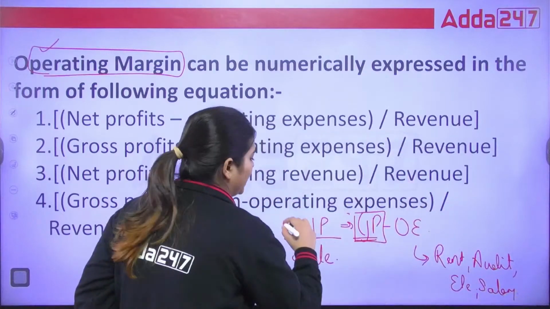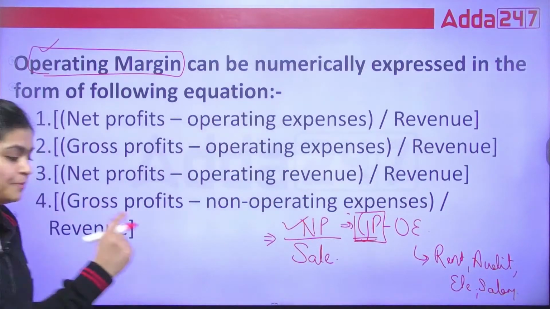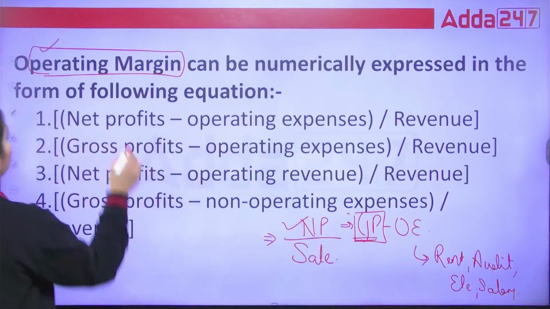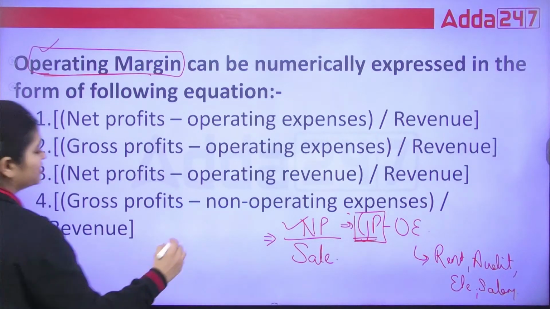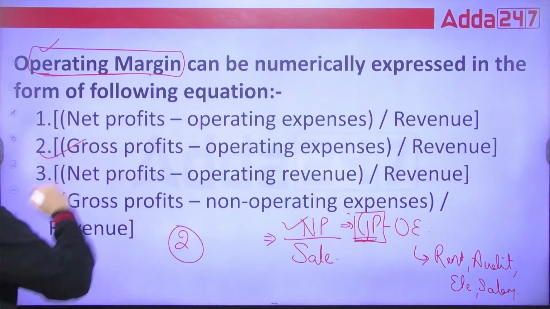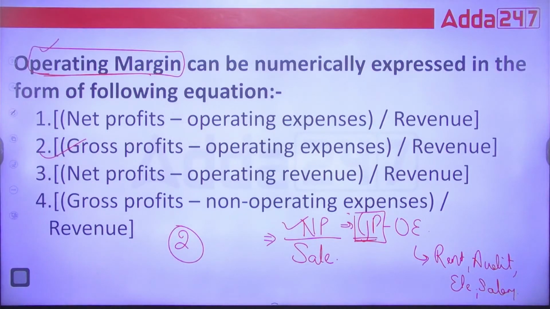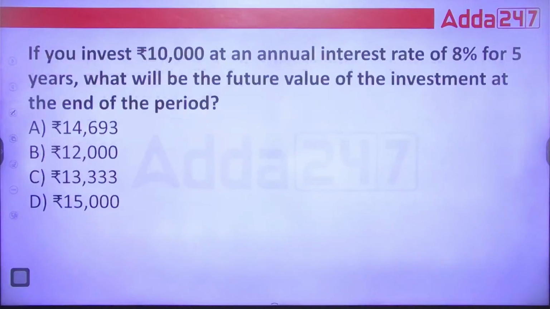With this we calculate the net profit. So net profit divided by sale will give you the operating margin. The correct answer to this question is the second. This is your correct answer. Let's see the next question.